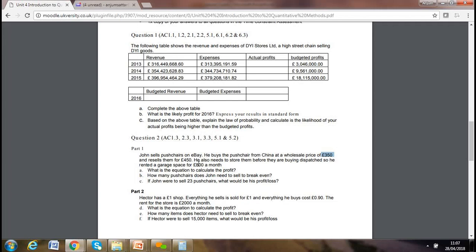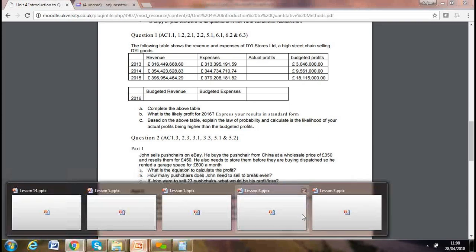No, sir, I don't get the A part. The A part is to calculate the profit. They're asking about the equation, the standardized equation to calculate the profit. The standardized equation is sales minus total cost equals profit. If we need to write it, we can write it like here.